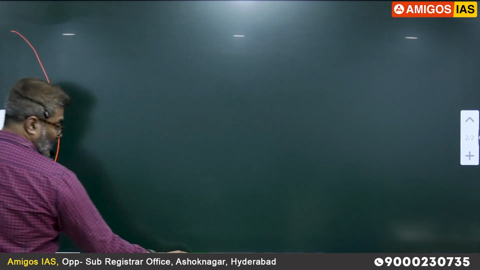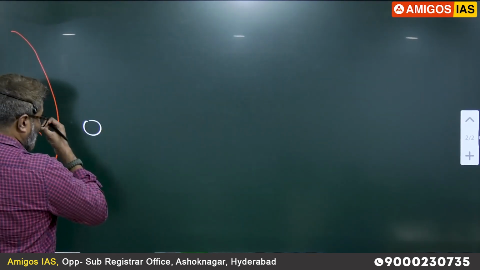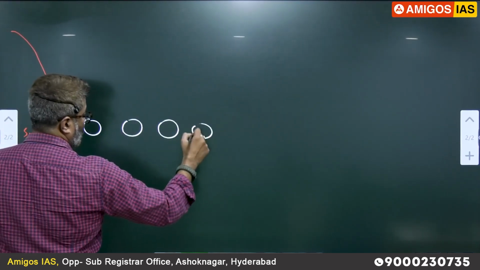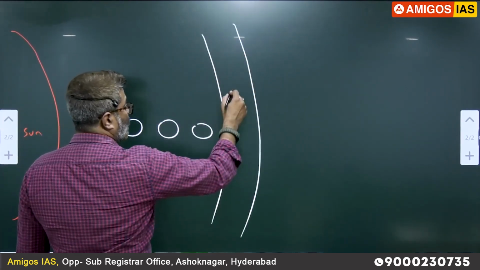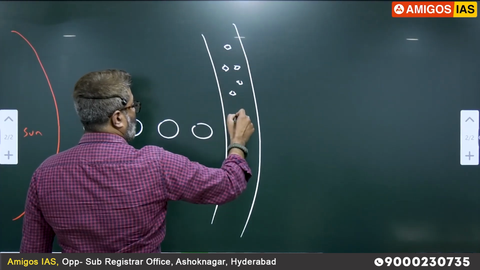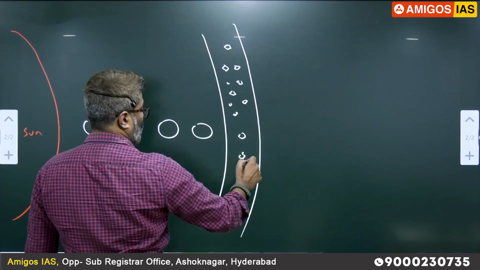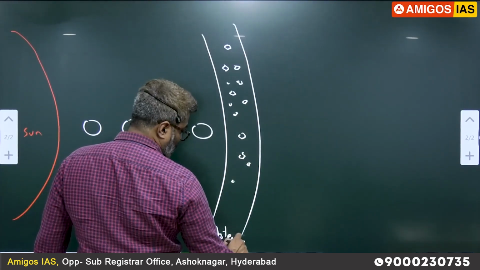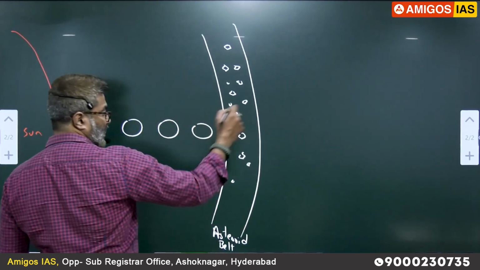Notice, write the sun, then write all the planets quickly. Okay, this is the asteroid belt, between Mars and Jupiter.